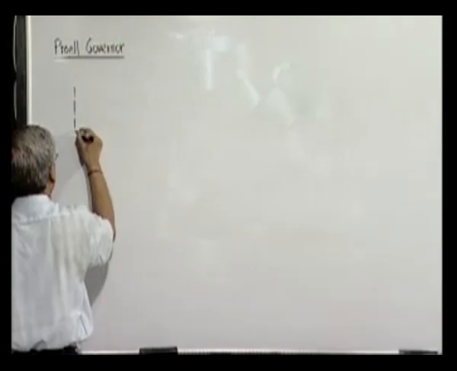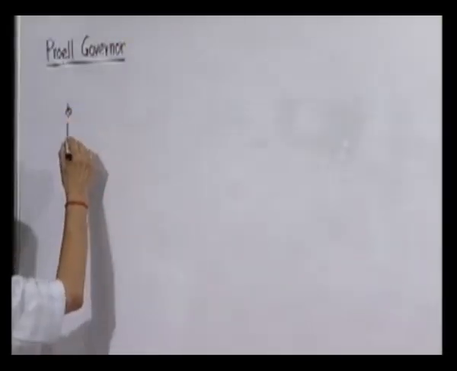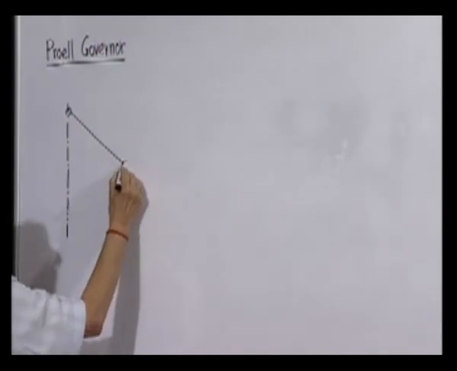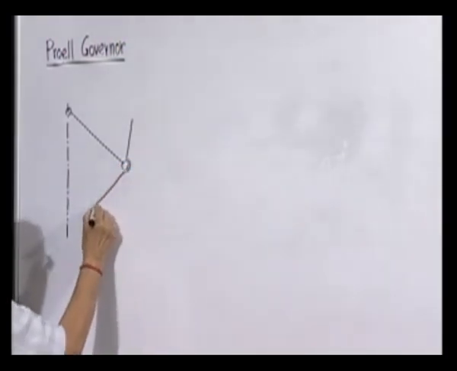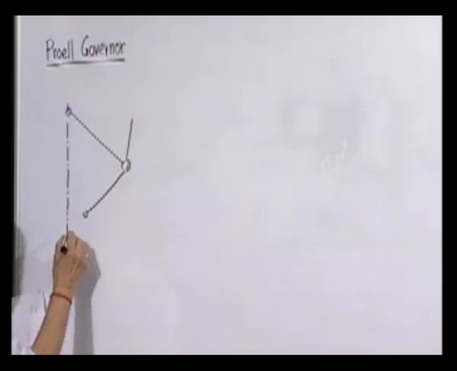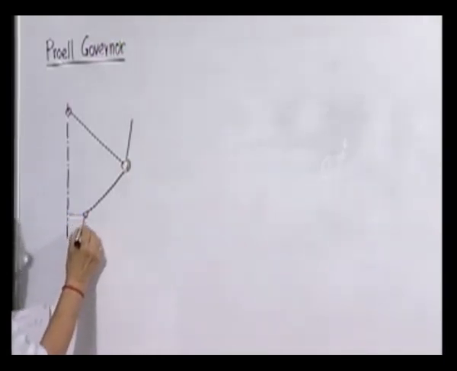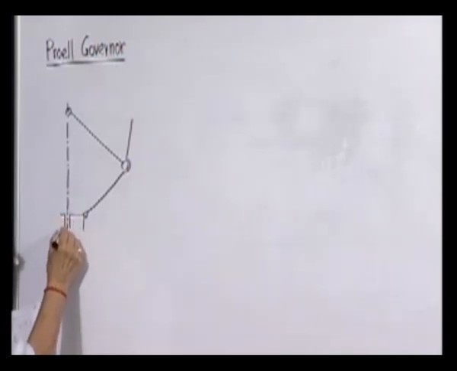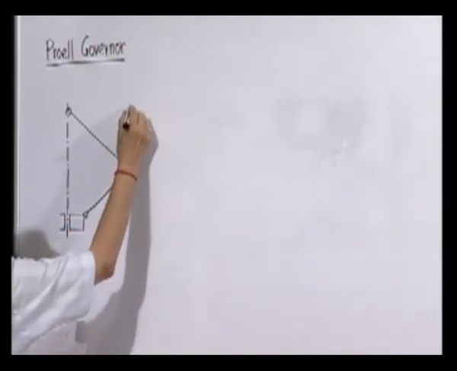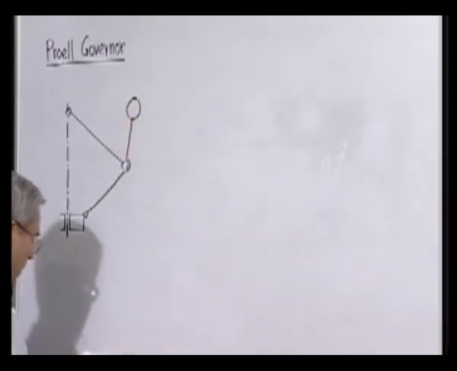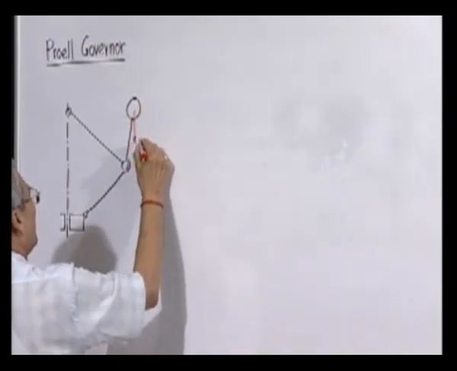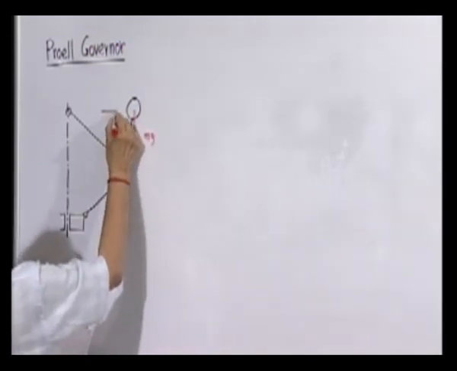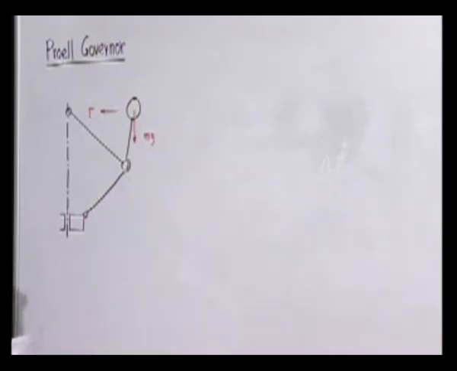Let the particular situation be like this, and our representative control force, which is a hypothetical force as if acting in the radial direction, is like this.